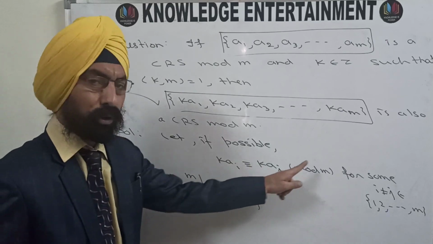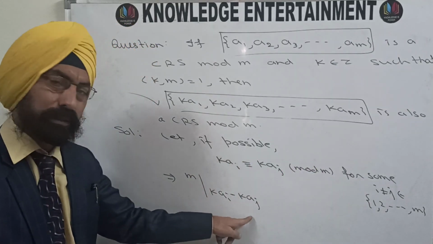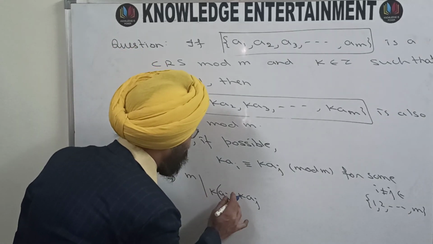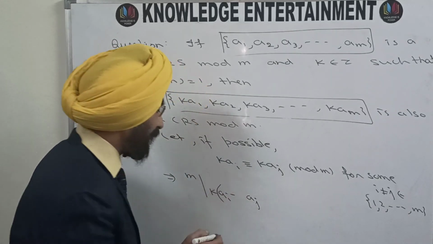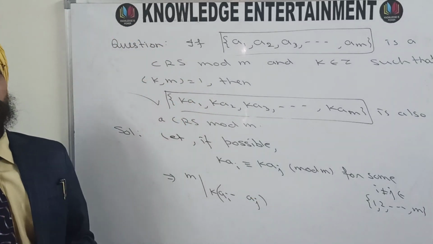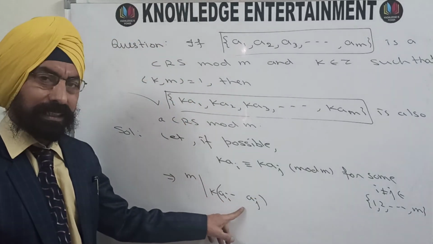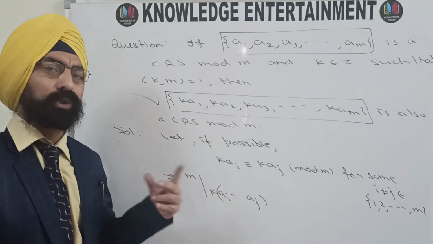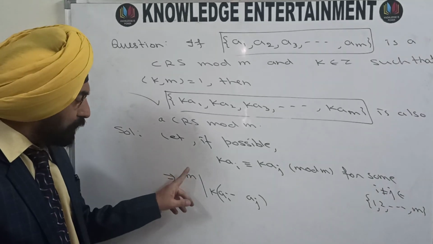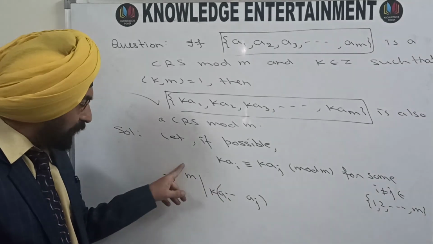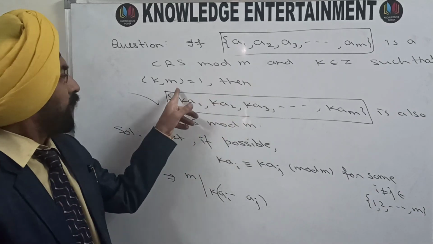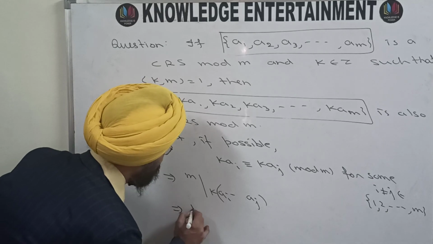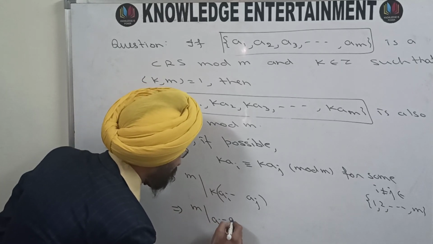A is congruent to B modulo M means M divides A minus B, and K can be taken out common from here. So you will get K times AI minus AJ. You know that if A divides BC and GCD of A and B is 1, then A divides C. The same situation is here. M divides K times this quantity, but GCD of M and K is given to be 1. That means M divides this quantity. So you will get M divides AI minus AJ.